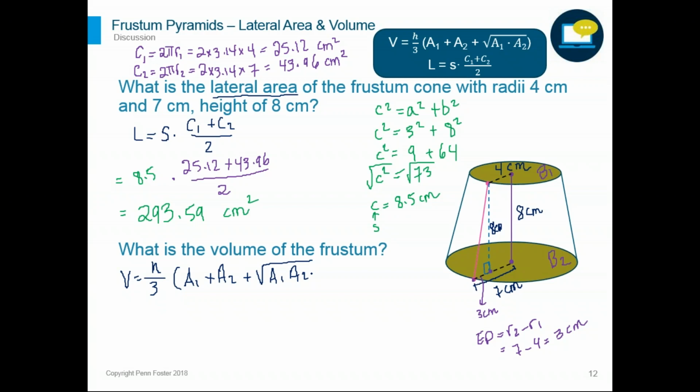A common mistake students make in exams is adding area 1 and area 2 under the square root sign. It's times, not addition. The additions are outside the square root.